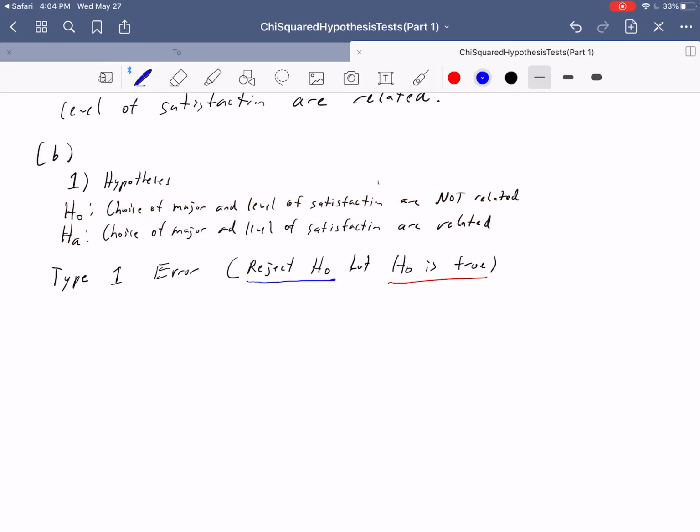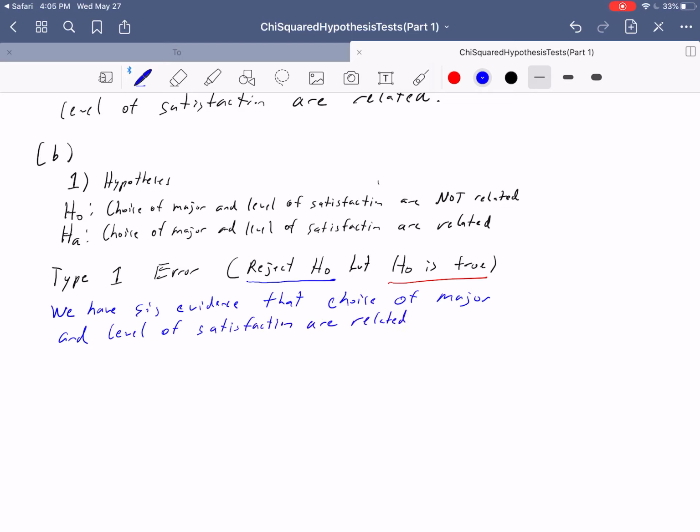So we'd say we have significant evidence that choice of major and level of satisfaction are related, right? Because that would be throwing out that they're not related and going with that they are related.